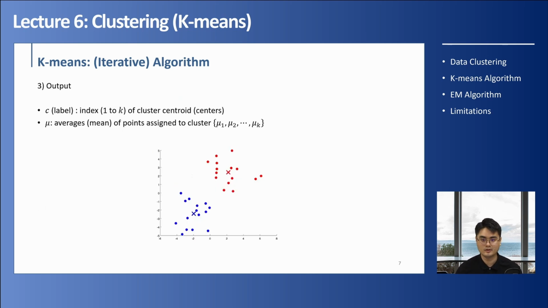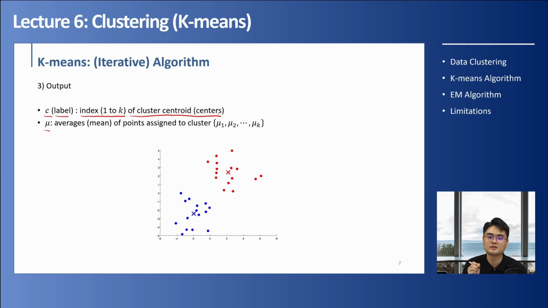Once we're done with our iterative algorithm, the output that we're going to get is C and mu. C is the label, which contains the index from 1 to k, when we have k clusters of cluster centroids.